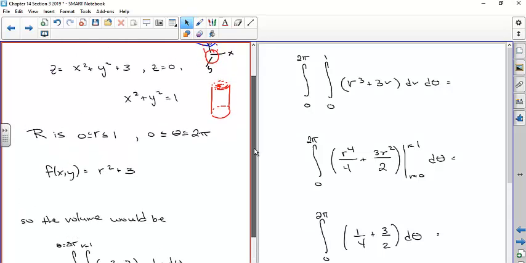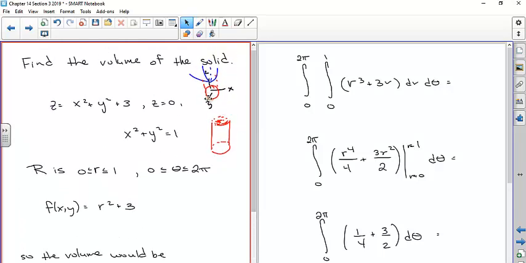As far as the region we're integrating over, it is this circle. The polar coordinate representation of this is r equals 1. If we draw the circle in the xy plane like this, the radius goes from 0 to 1, and the angle goes from 0 to 2 pi.